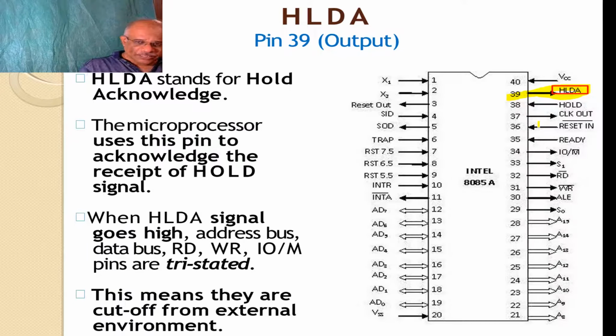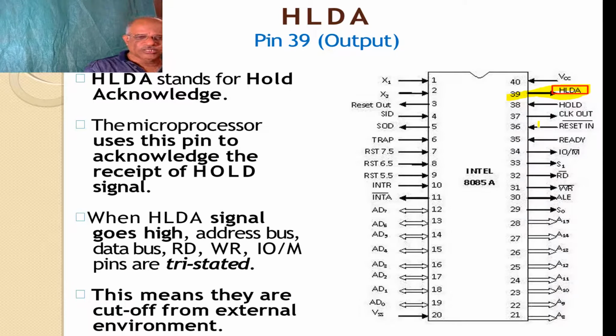When this function is complete, the microprocessor sends hold acknowledgement. Acknowledgement means it is a receipt that I have received the hold signal from you, requesting that my internal functioning should be stopped for some time, and I am now making my address bus and data bus available for your control. So it is an acknowledgement given to the DMA controller.